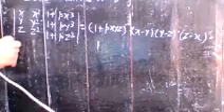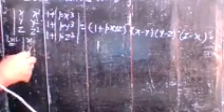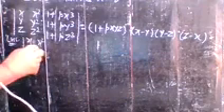So the complete determinant can be written as, first, x y z, then x square y square z square, and in the third column you write its first term, which is 1 1 1.